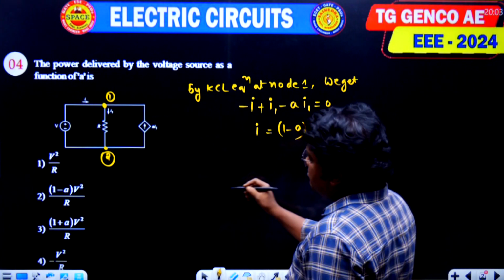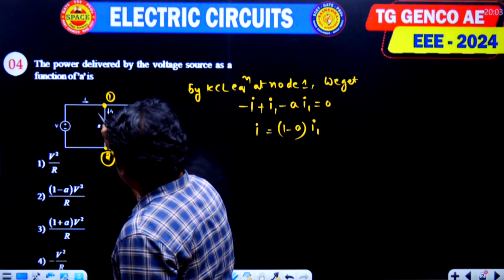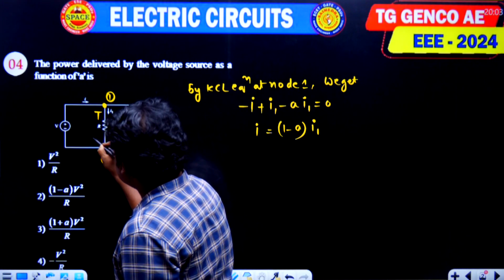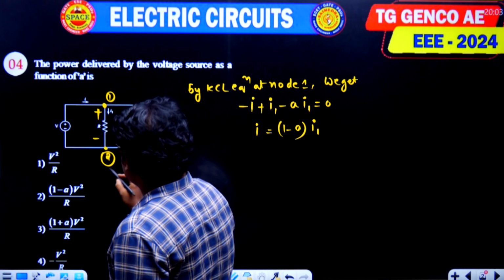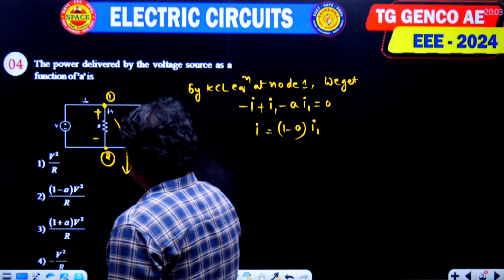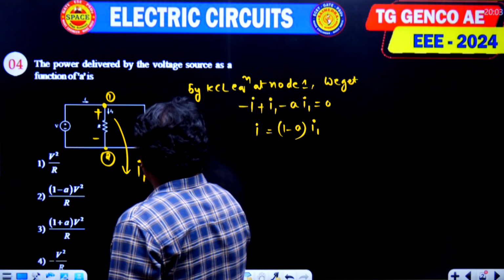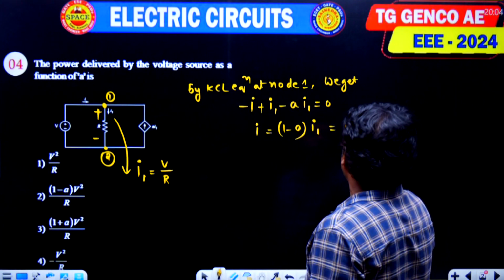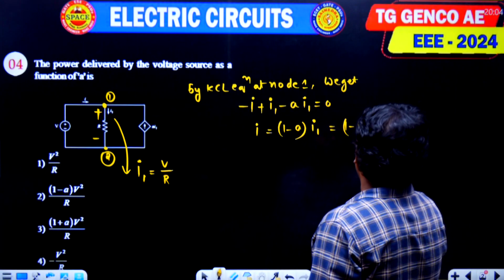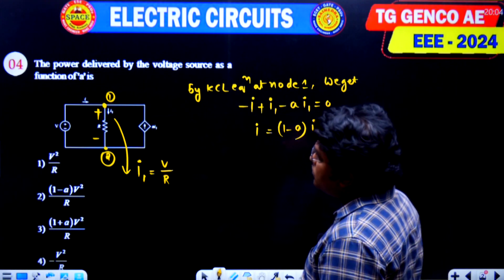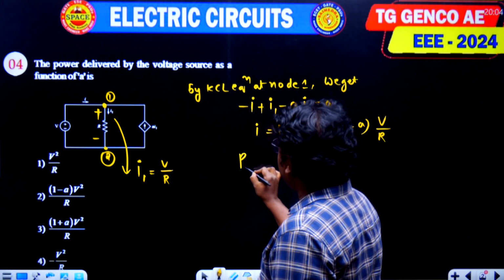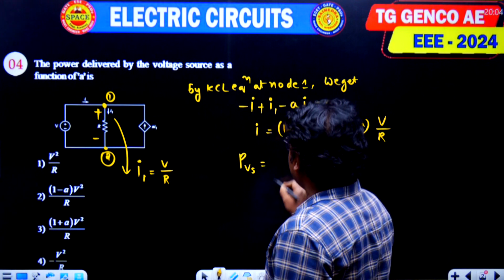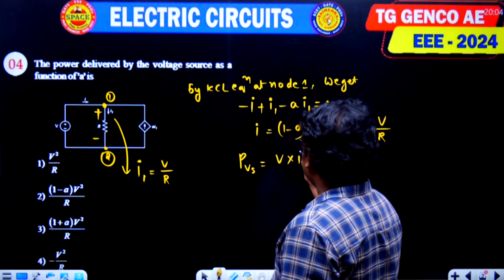Where I1 can be written as, we know the voltage, plus sign, minus sign, therefore I1 is equal to V by R. So now I is equal to (1 minus A) V by R. Now we require the power in the voltage source, which is equal to voltage multiplied by current.